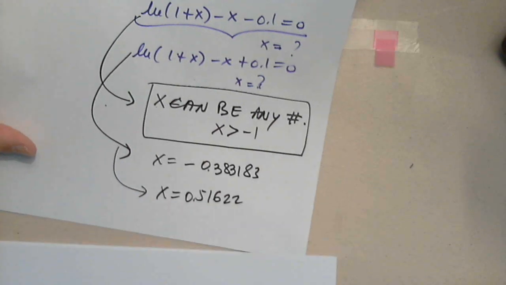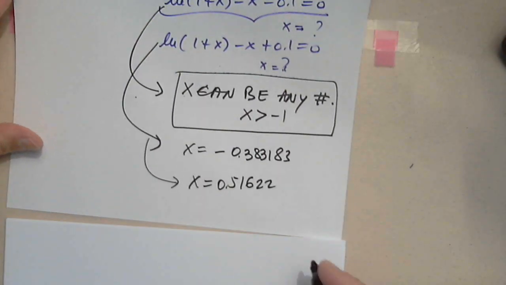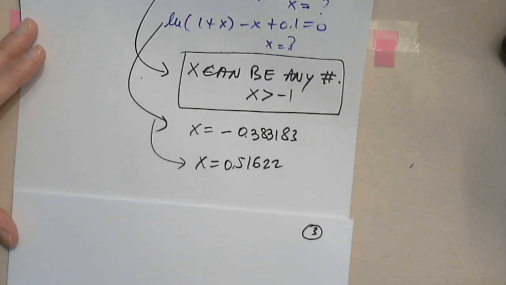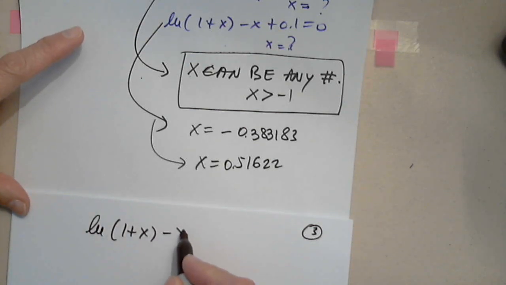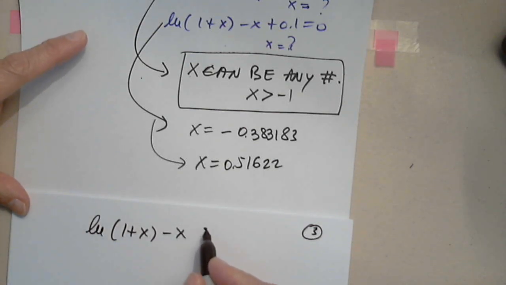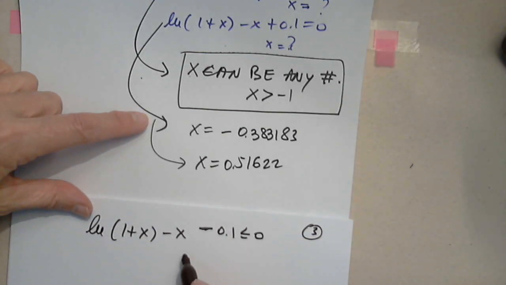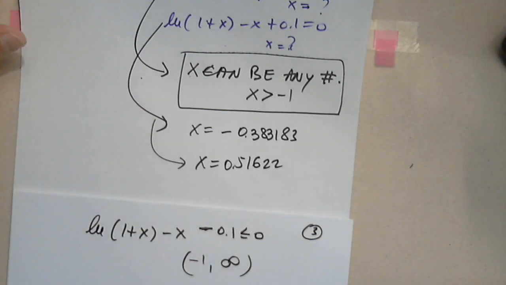So when we solve the inequality natural log of 1 plus x minus x minus 0.1 less than or equal to 0, we got the interval -1 to infinity, everything.